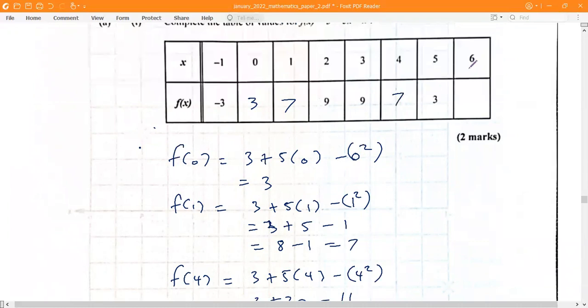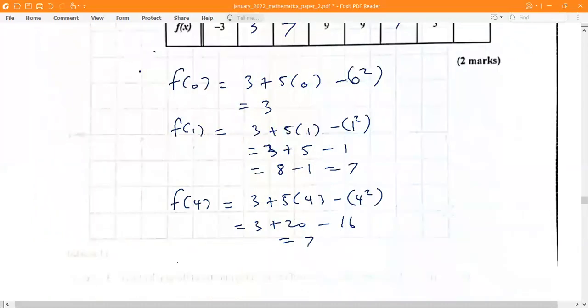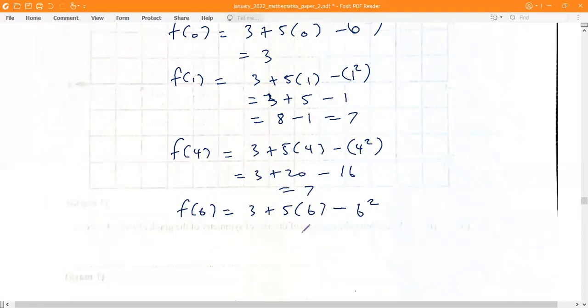When x is equal to 6, we have f of 6 being equal to 3 plus 5 times 6 minus 6 squared. 3 plus 5 6s are 30 minus 6 6s are 36.